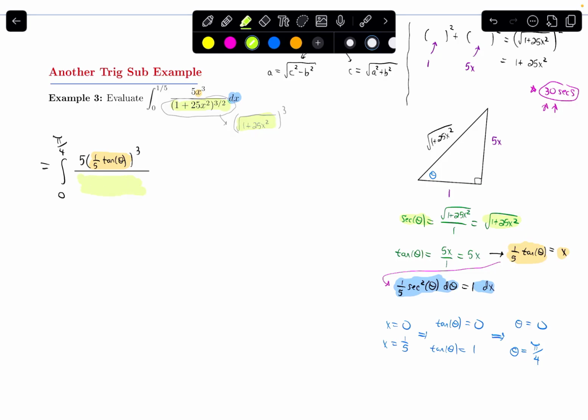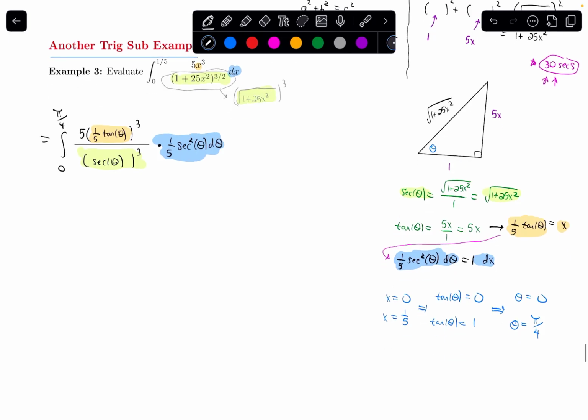But that whole square root term was getting cubed. And the square root term was just secant of theta. So that's getting cubed. And then finally, we got that dx at the end. And dx, we said, was just 1/5 times secant squared theta d theta. Okay, so we've converted our integral to thetas.